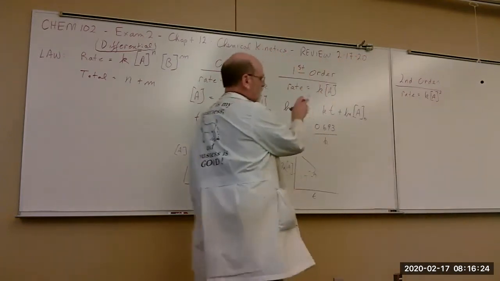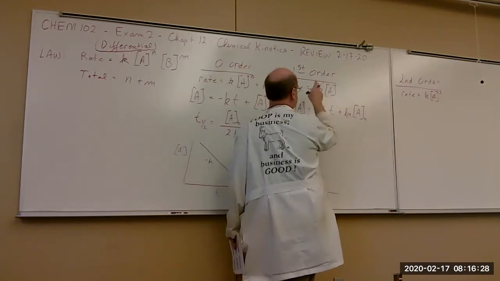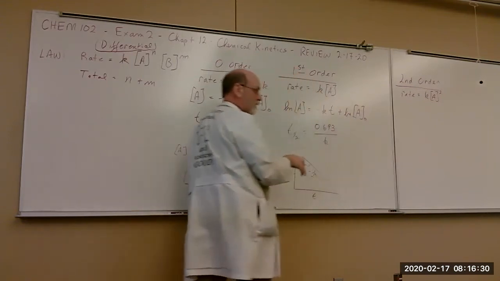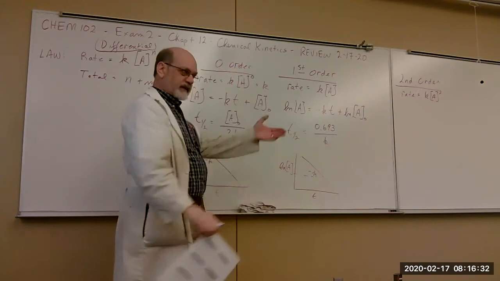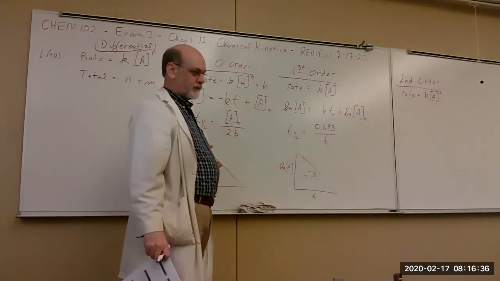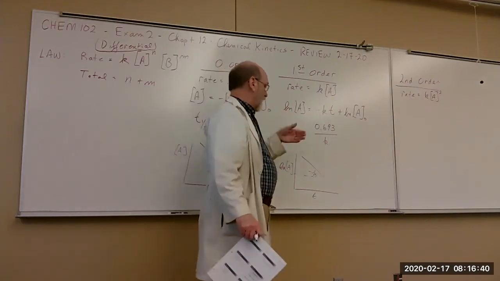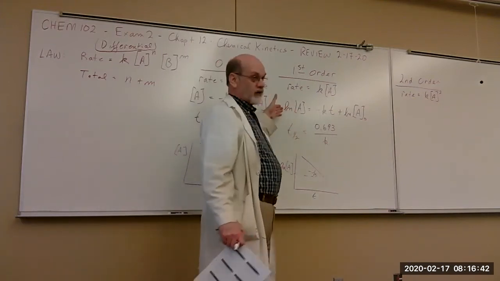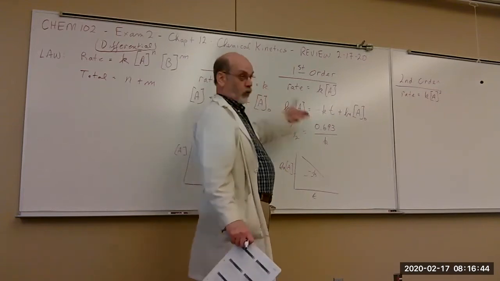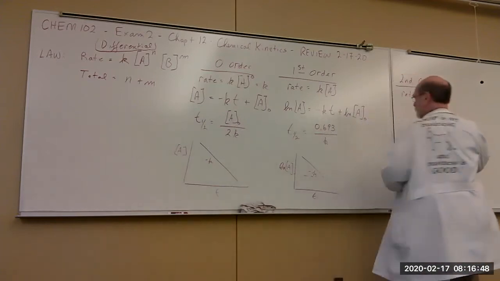If you plot either the concentration for the second order or the concentration for the first order against time, just straight data, you're going to get a curve. You're not going to get a straight line. That's why you have to do this transformation for first order. And if you get a curve with this transformation, that means it's not this one or that one. So you've got to go to second order.